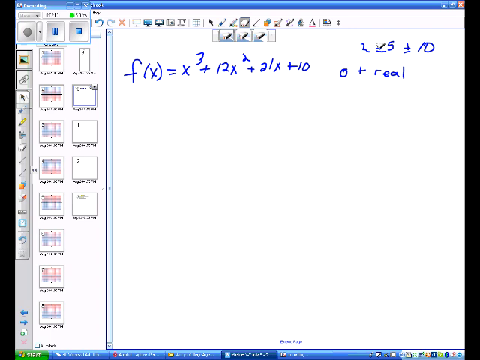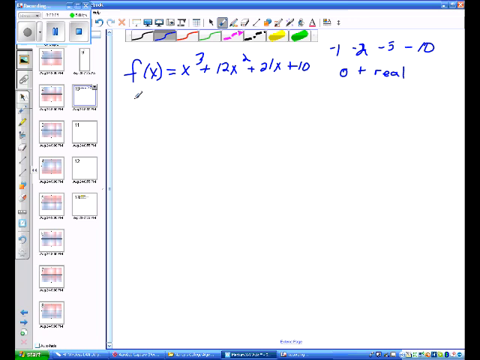But that means now that all that we can possibly have is -1, -2, -5, and -10. Because from Descartes' rule of signs, we know that there are no positive real roots. So there's definitely no positive rational roots.